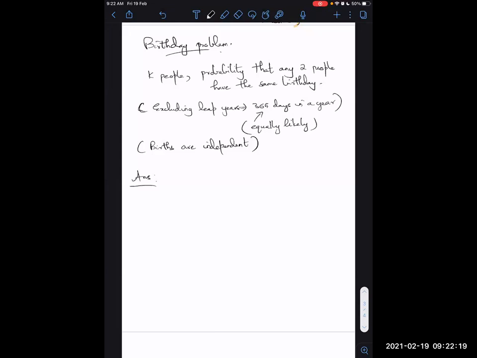Intuitively, if k is a very large number, or say if k is just greater than 365, what is the probability? Can someone tell me?